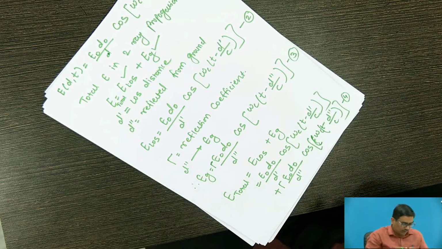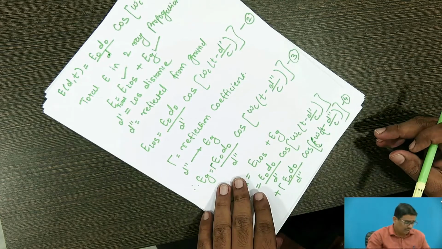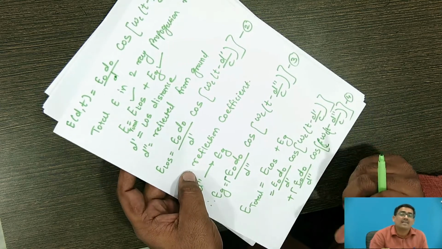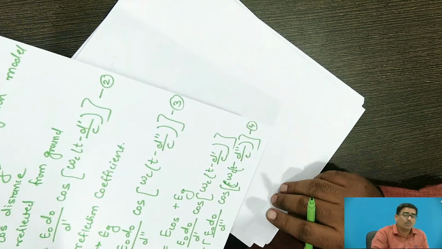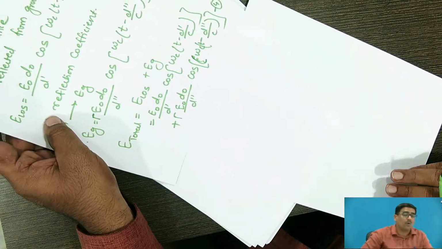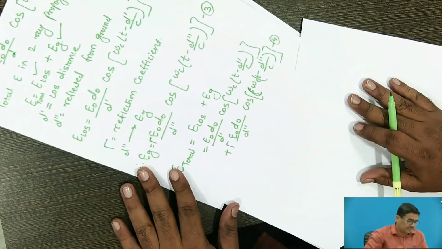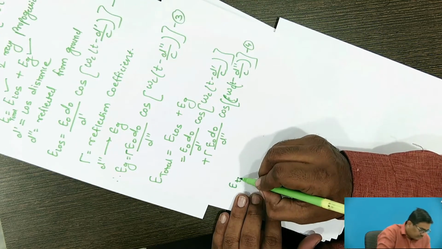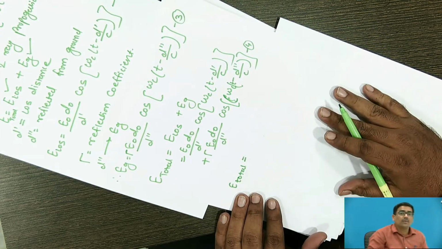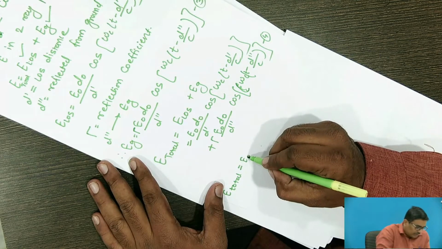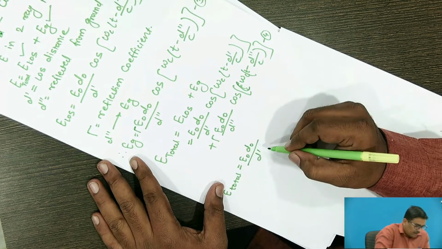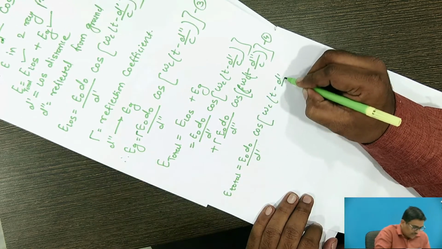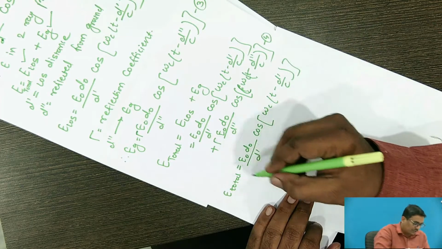Now from equation number 4, we know that the reflection coefficient tau value becomes -1. So we want to put that -1 into equation number 4. Therefore, the new equation becomes E total is equal to E0 d0 by d' into cos of (omega_c t minus d'/c), and put tau equal to -1.